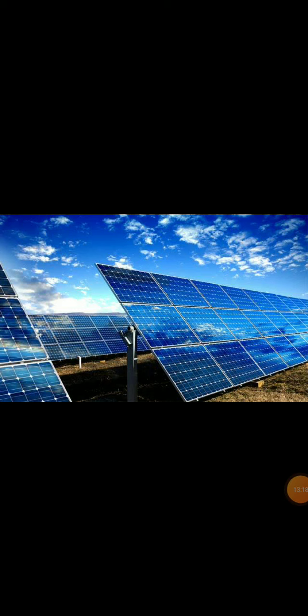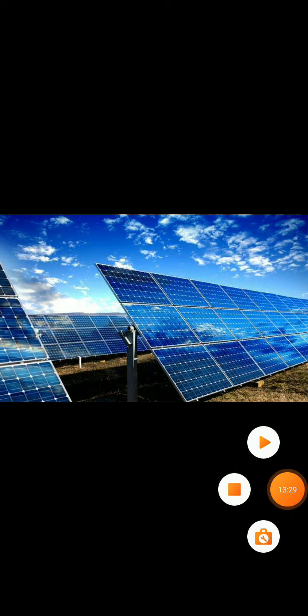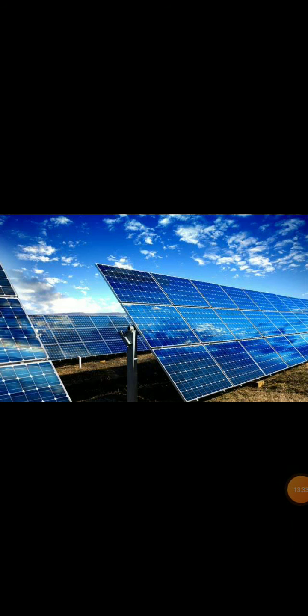You may think, what are these solar cells made of? Silicon is used for making solar cells. We know that silicon is called a metalloid or semi-metal, right? And silicon is abundant in nature, but availability of special grade silicon for making solar cells is limited.